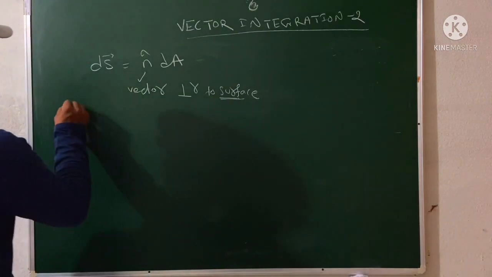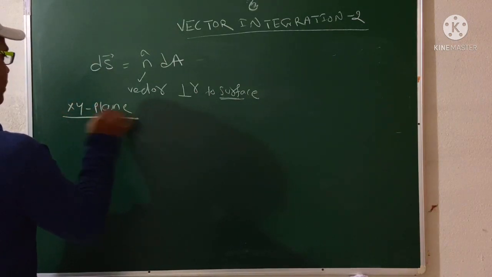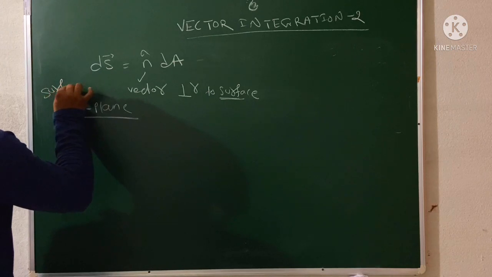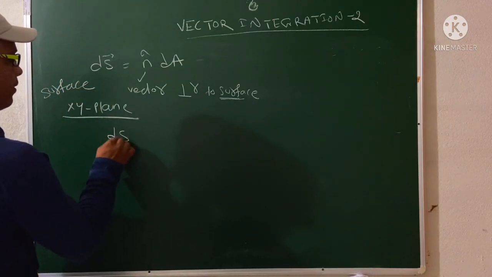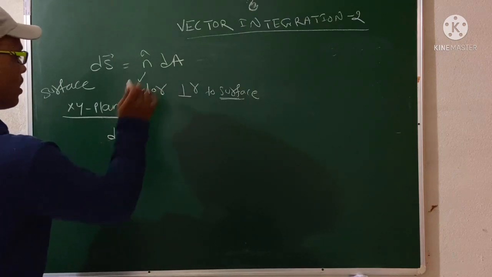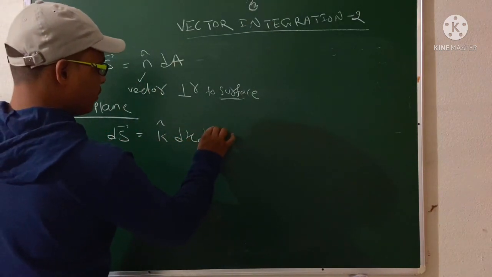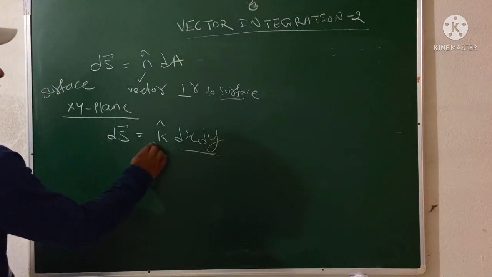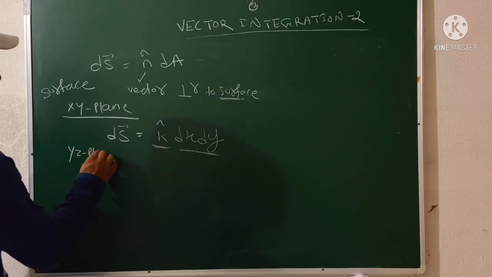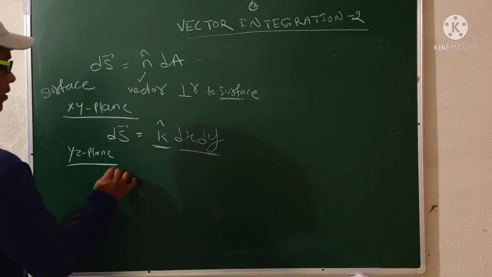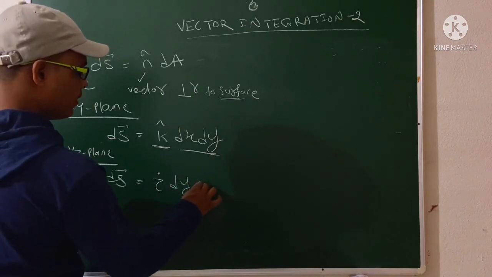Okay, so if the surface is in the xy plane, then your dS will be k cap into dx dy. So this is my dA and this is the n cap. Then if it is the yz plane, your dS will be i cap dy dz.